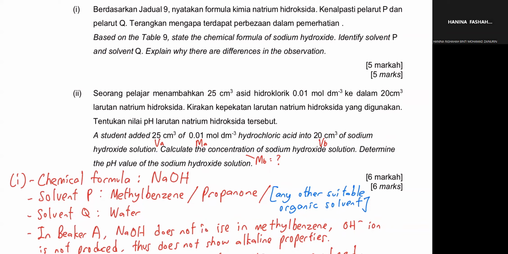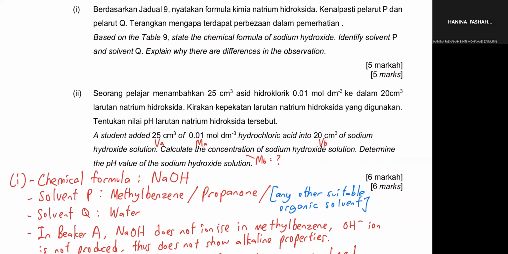It does not ionize in methyl benzene because it is an organic solvent. Organic solvent is not water, so it will not show the alkaline properties. A few examples, normally methyl benzene or propanol.